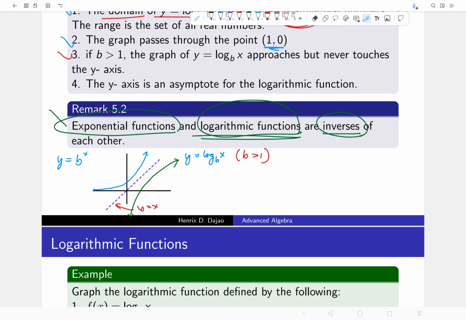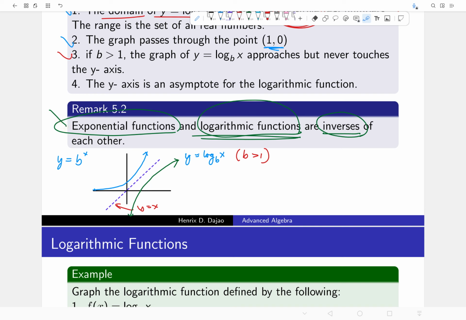What does it imply? It implies that we are going to use the exponential equivalence of this logarithmic equation so that we can graph this one. So that's the implication for our remark.